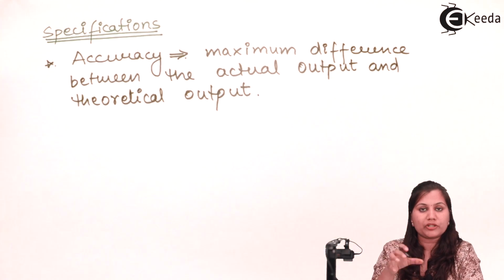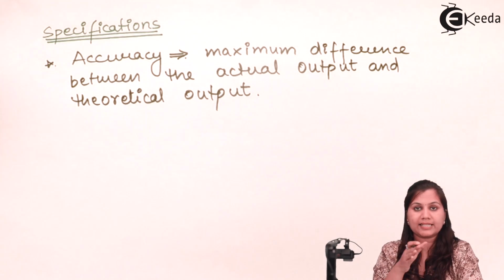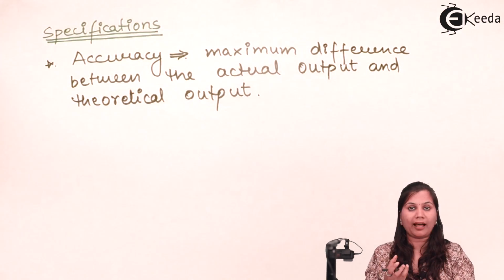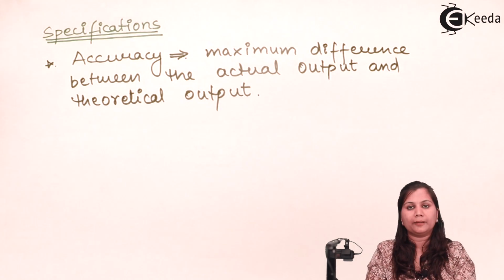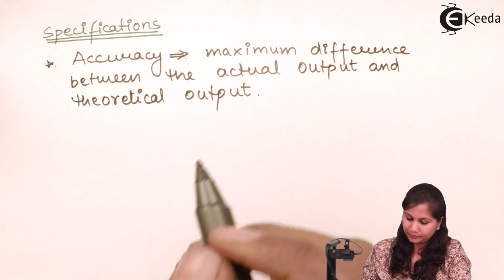It means that when the digital signal is converted into an analog signal, how accurate that analog signal is to the actual value, how close the actual measurement is to the theoretical value.